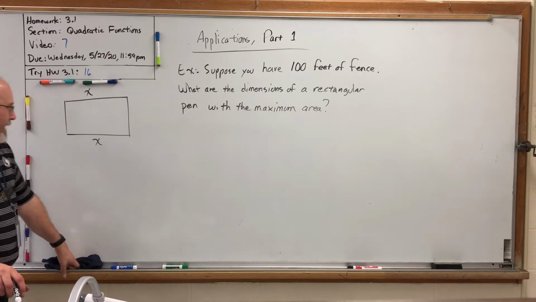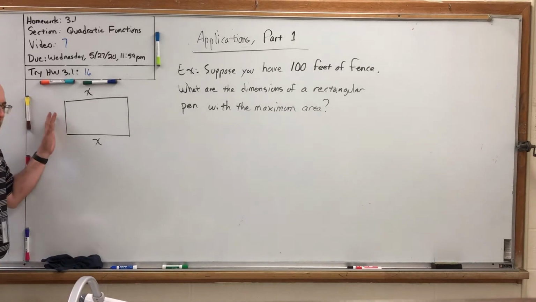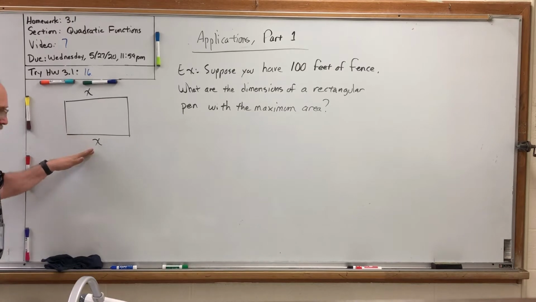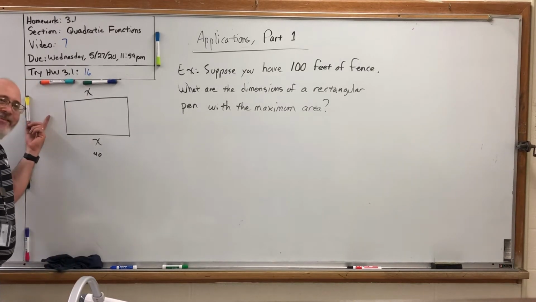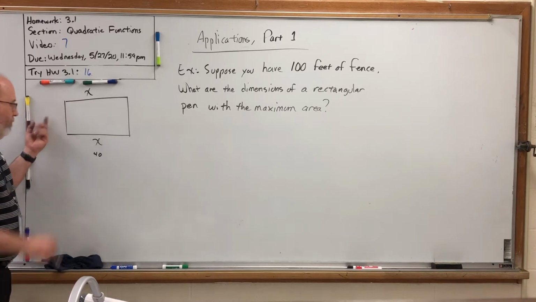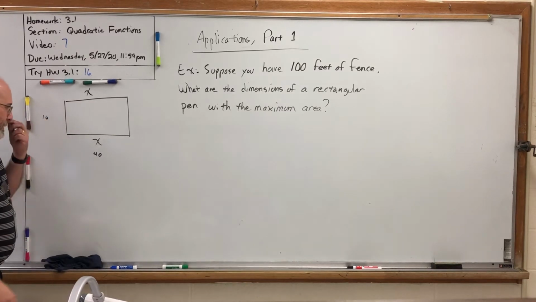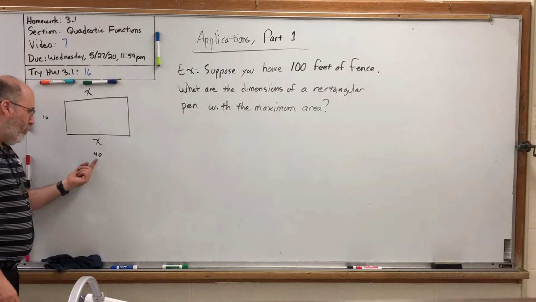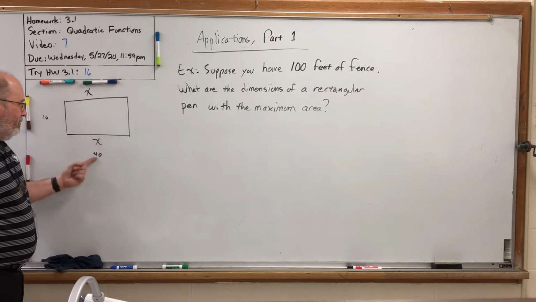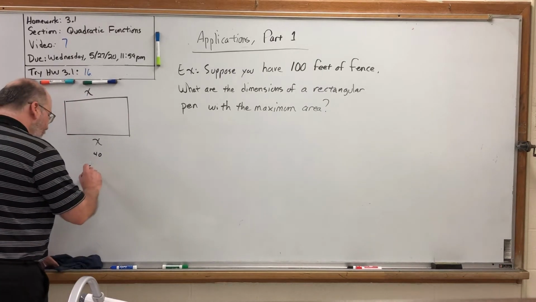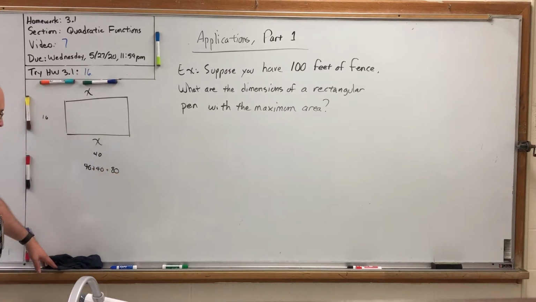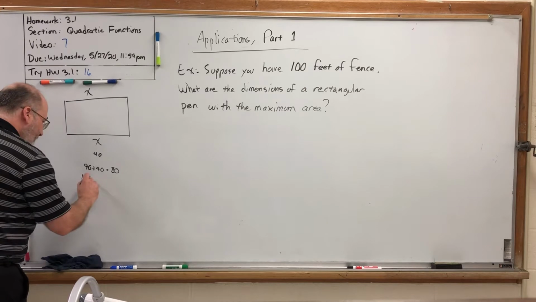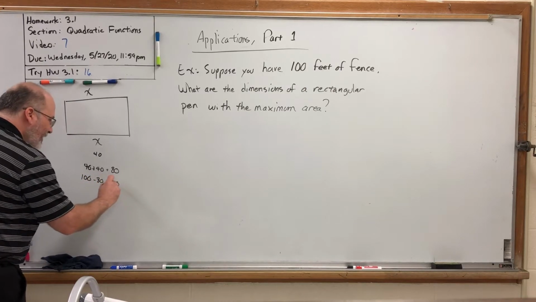But think about how we figured out the other side when we had a number here. For example, when this was 40, where did this 10 come from? Well, when this was 40, we had two sides that added to 80. So we said 40 plus 40 is 80. And that meant that there was 100 minus 80, which was 20 feet left.